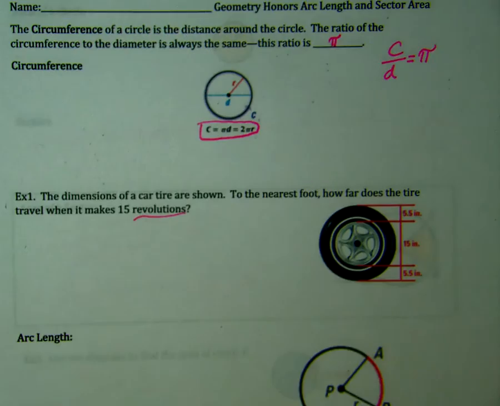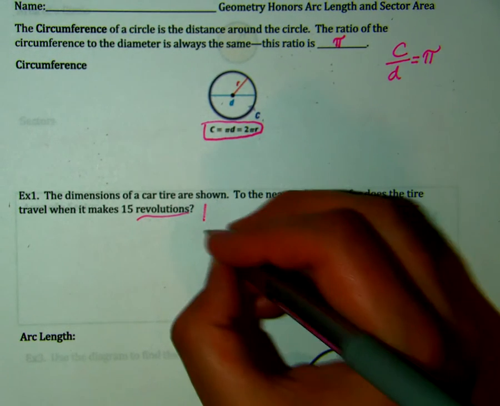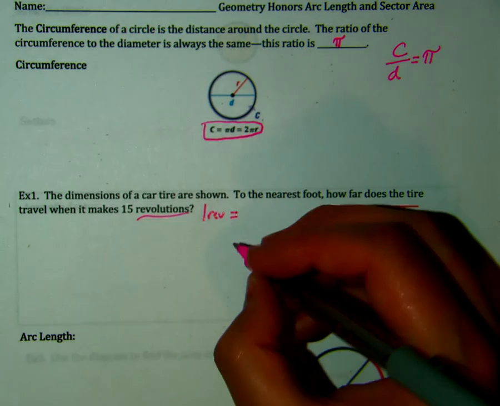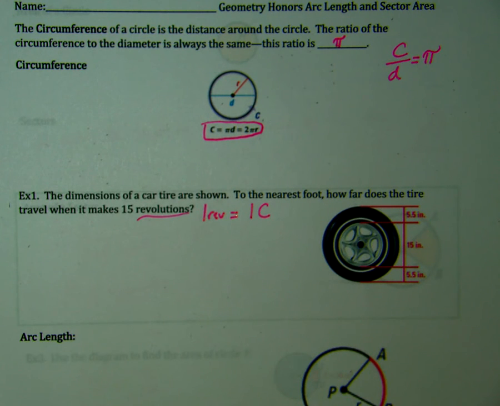So the only thing that we really need to know to be able to figure this out is essentially that a conversion is that one revolution is equivalent to a linear distance of one circumference. So if you spin something around one time, or roll something around one time, it'll travel a linear distance equal to its circumference, okay? And so this will be solvable just doing kind of unit conversions.